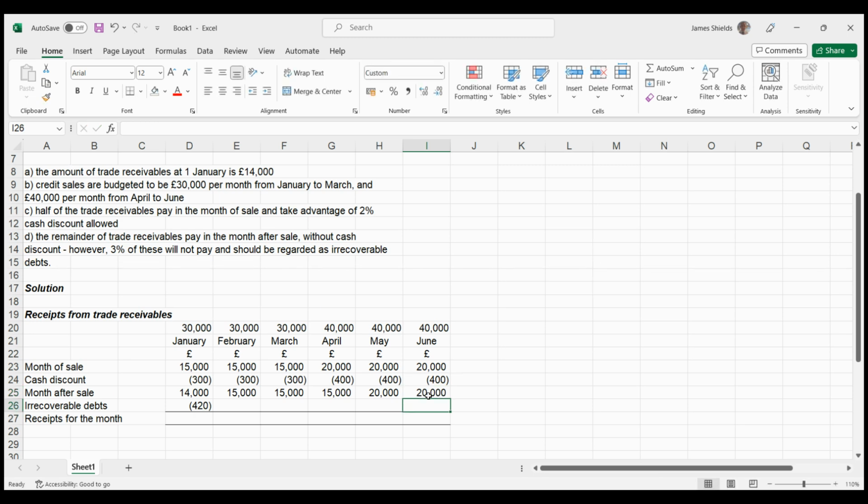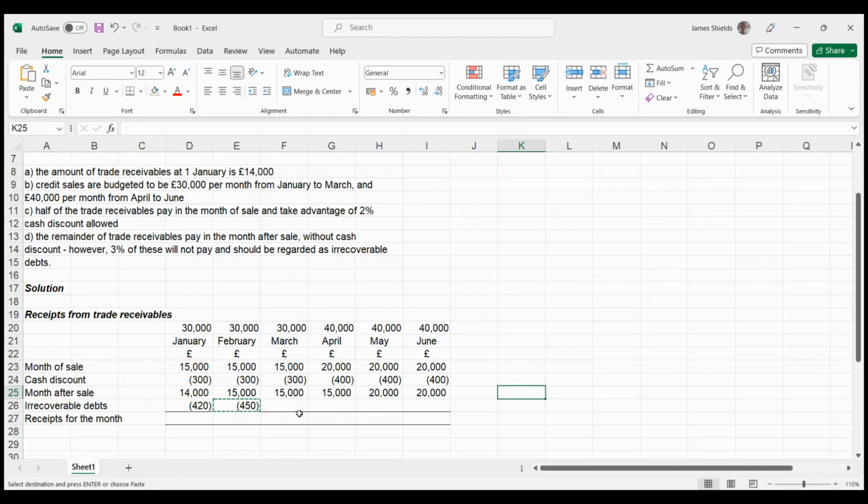But you've got to remember, of them, 3% were not paid and should be regarded as irrecoverable debts. So I'm going to work out 3% of each one. In February, 3% of 15,000 is £450, so we will not expect to get them.